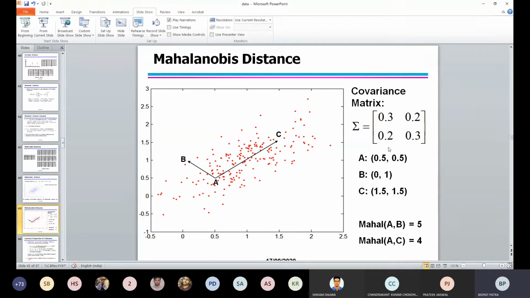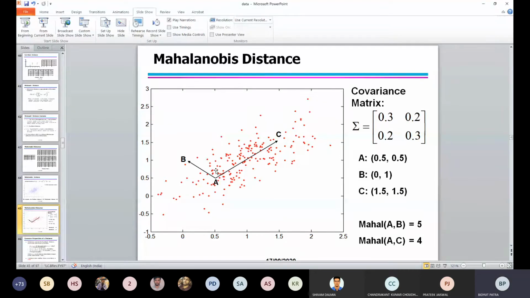Let's say the covariance matrix is given, and you have to compute the distance between A and B. A is 0.5, 0.5. Then B is, let's say, 0, 1. So then what will be the value of A minus B?